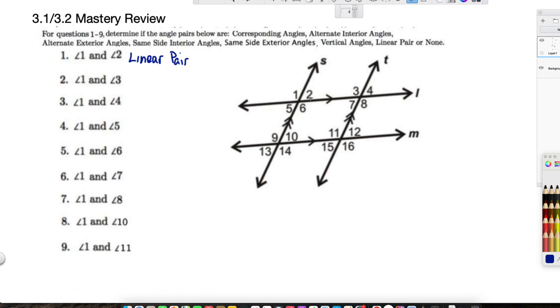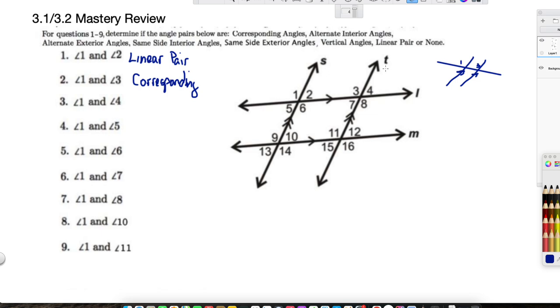L is a transversal. S and T are the parallel lines. 1 and 3 are corresponding. So if I have two parallel lines and a transversal, these two are in the same relative position. That's corresponding.